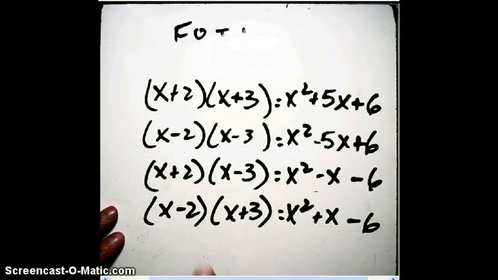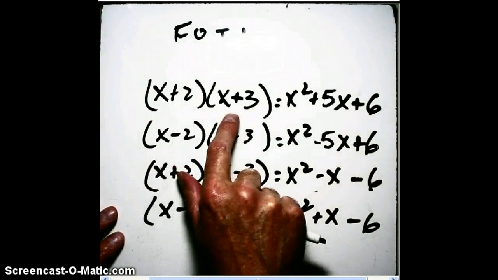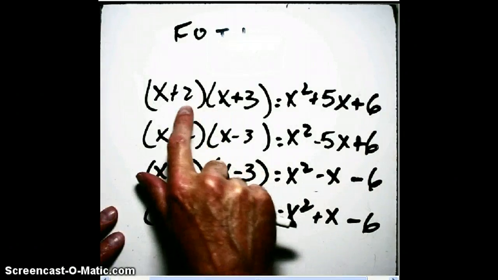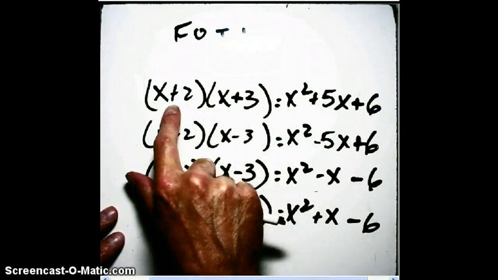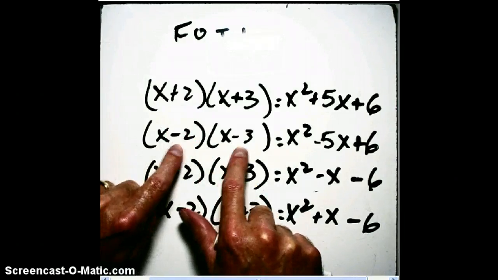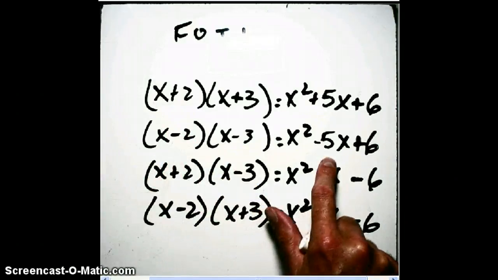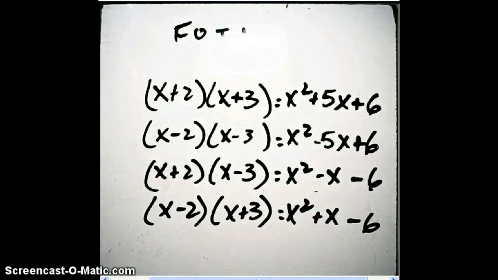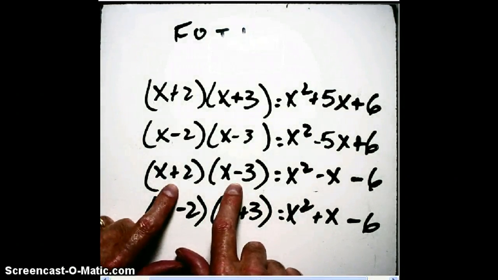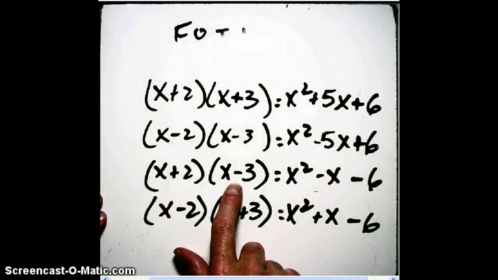Bottom line, whenever the signs are the same, you're going to add the numbers and keep that sign. Here they're both negative, you add the numbers and keep the sign. Whenever the signs are opposite or different, you always end up with the sign of the highest number.